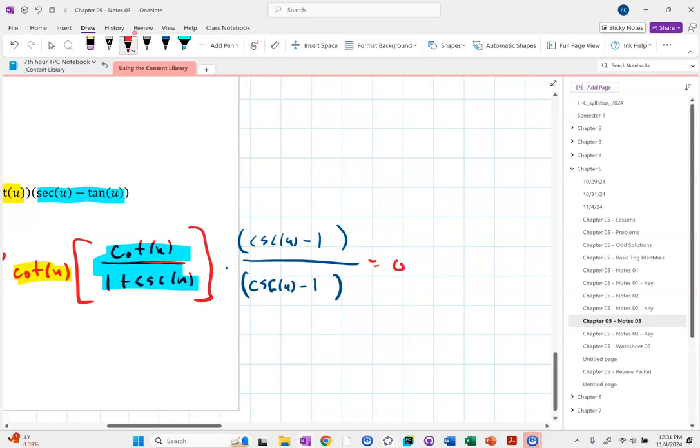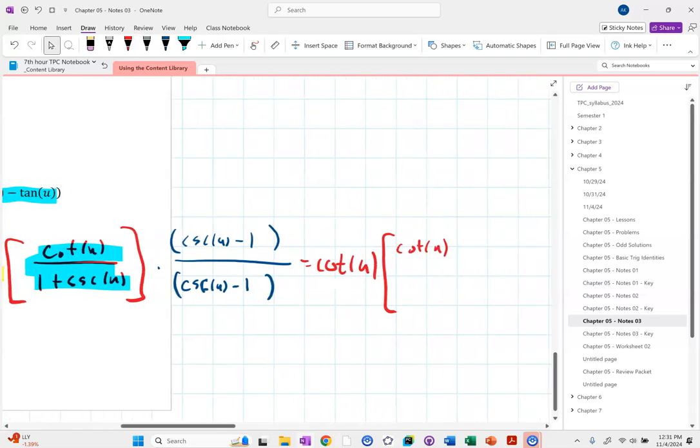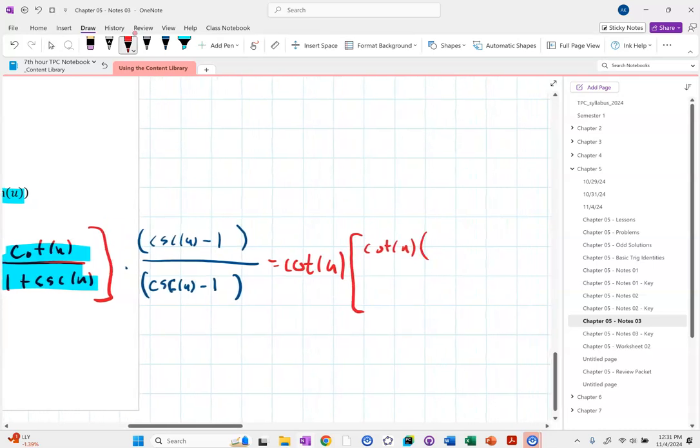All right, so I still got that cotangent stuck out front. And then I'm going to have cotangent times cosecant minus 1 over cosecant squared minus 1.